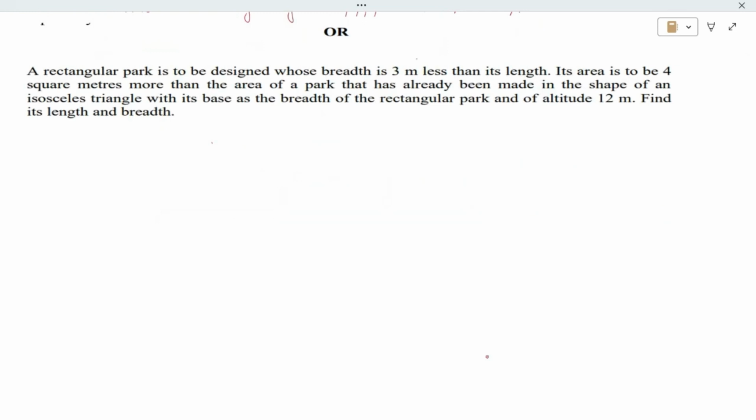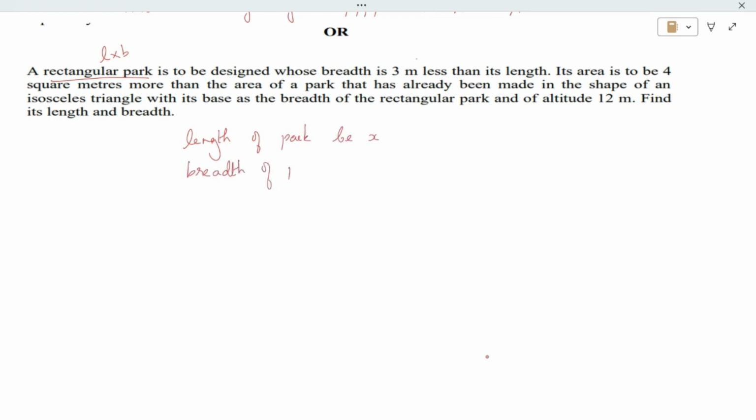A rectangular park is to be designed. Okay, a rectangular park. So the area is going to be length into breadth, isn't it? Whose breadth is 3 meter less than its length. So I'm comparing breadth with the length. So what I am doing is I'm defining the length of the park to be x. Okay, and what would be the breadth of the park then?